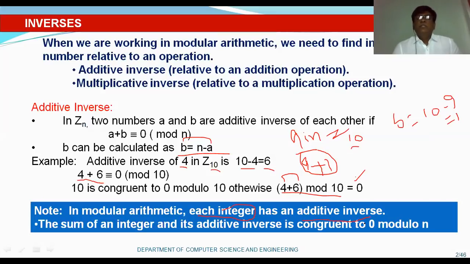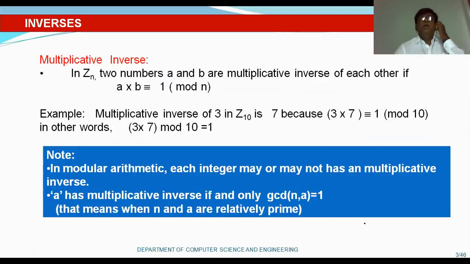Okay, this is the additive inverse. Now come to the multiplicative inverse. In Z10, two numbers a and b are multiplicative inverses of each other if their multiplication is congruent to 1.